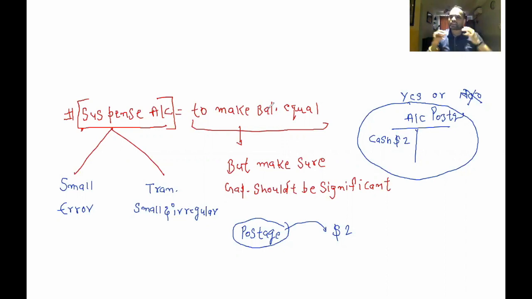Why? Because remember, if your T accounts are increasing, your workload and your number of transactions will be increasing. When accountants prepare accounts, they try to minimize the number of accounts, so your balance is not affected and it is easy to understand for the accountant.